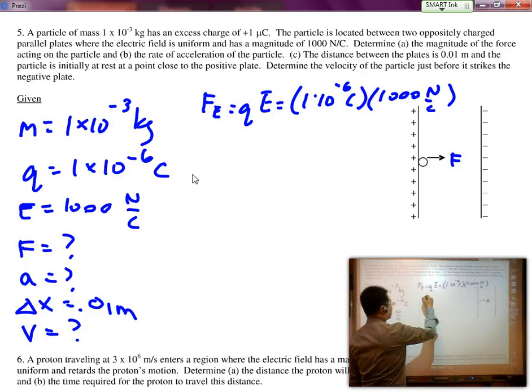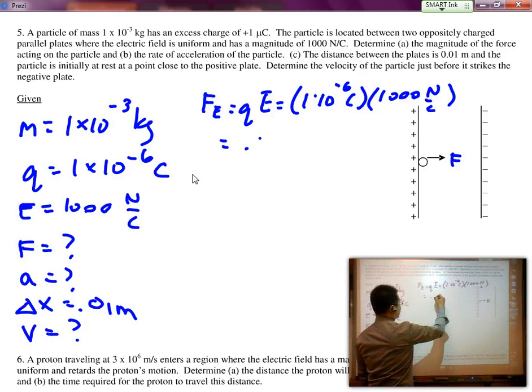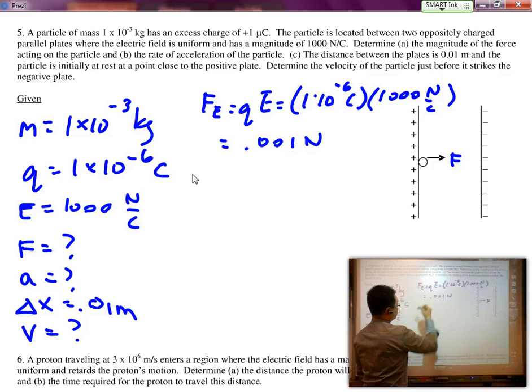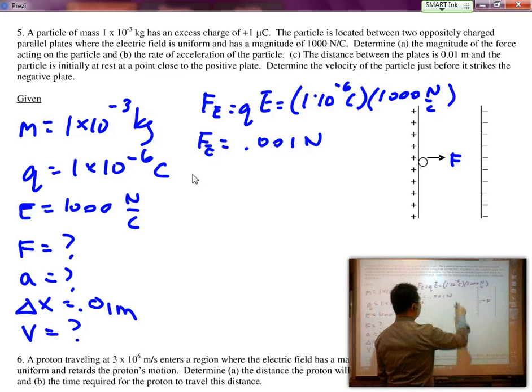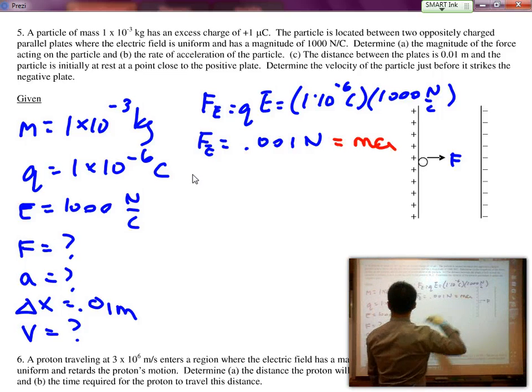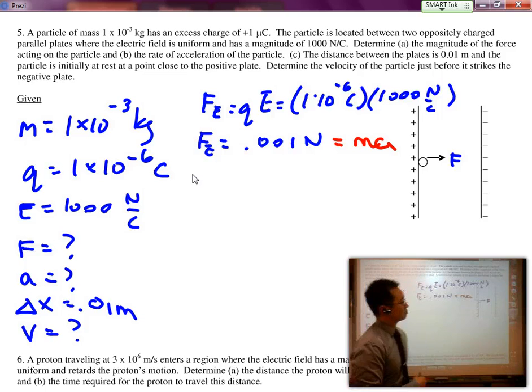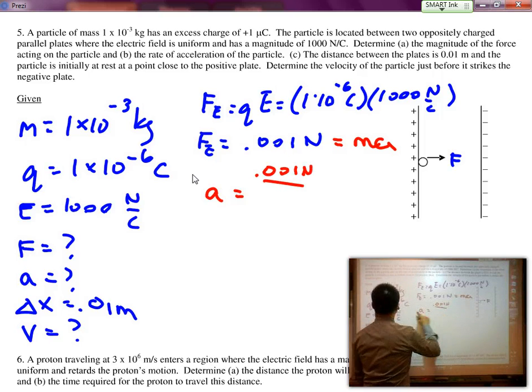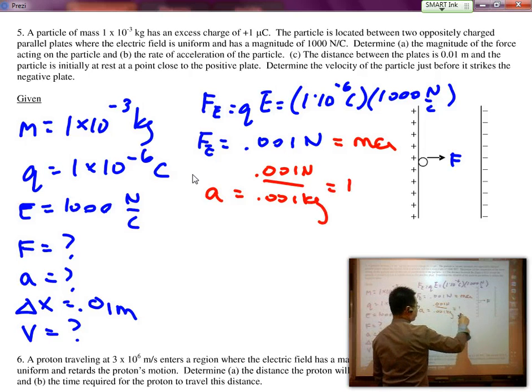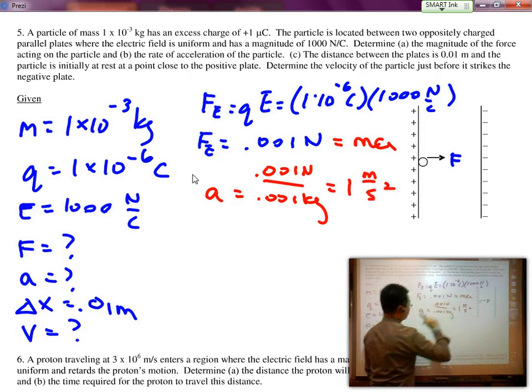And you get that Fe is equal to 0.001 newtons. And once you know the electrostatic force, you can set that equal to ma. And so if you start with acceleration, a is equal to 0.001 newtons divided by, they give us a mass of 0.001 kilograms. In this case, it equals 1 meter per second squared.